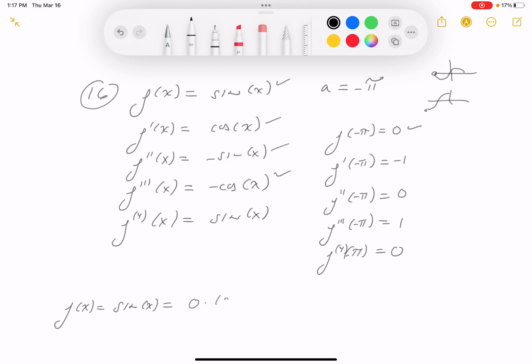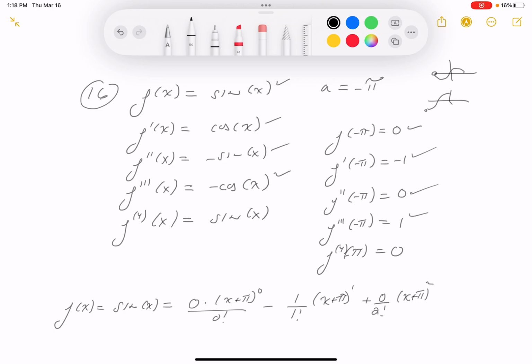It's going to be x plus pi to the 0 power over 0 factorial, minus 1 over 1 factorial times x plus pi to the first power. Got this one over here. Next term's 0. I'll write it down, though. Plus 0 over 2 factorial x plus pi to the 2.